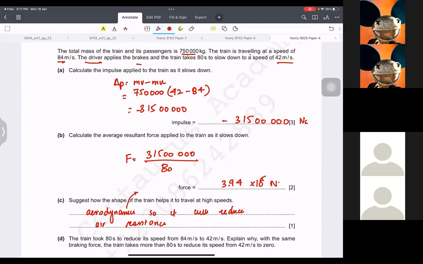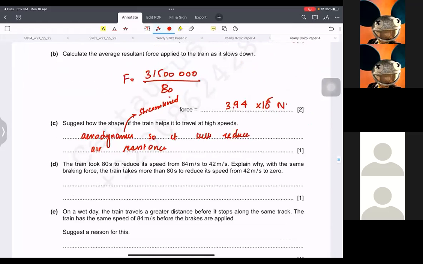Aerodynamic has other words like streamlined. And if you see those big ships that travel in water, they're also called liners or streamliners because they come from the same word.